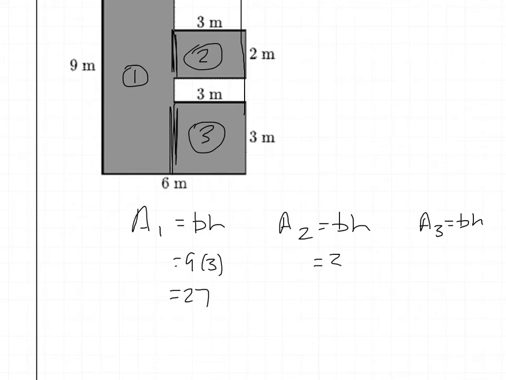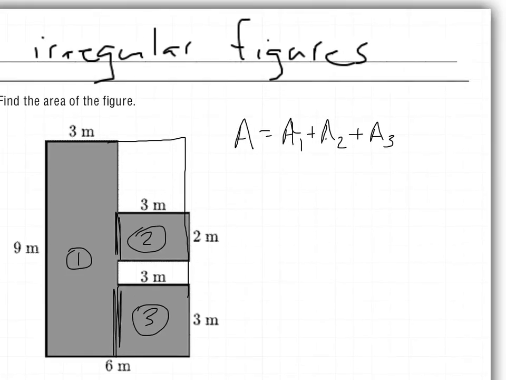Area 2, base times height would be 3 times 2, which would be 6. And area 3 would be 3 times 3, which is 9. So putting those in, this would be 27 plus 6 plus 9. Those are my 3 areas that I found the value of, which would give me a total of 42 meters squared.